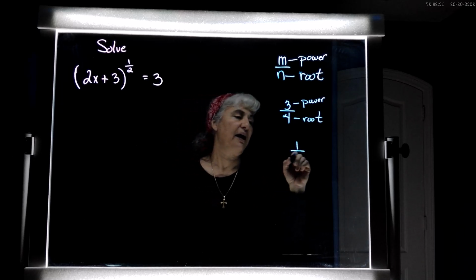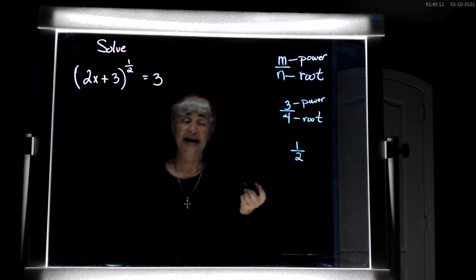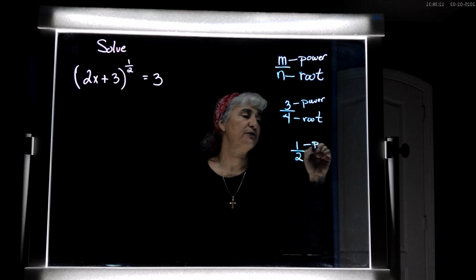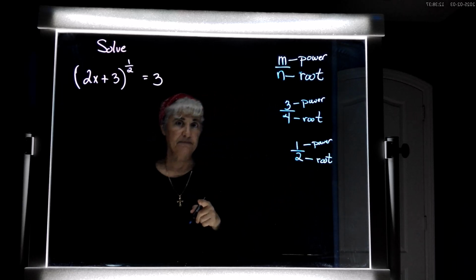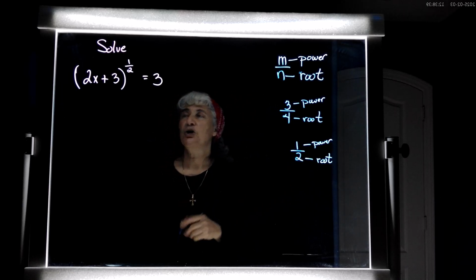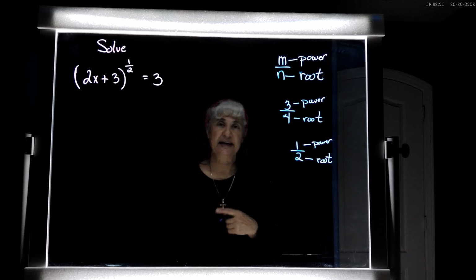In this case, I have the rational exponent of 1/2, which means I have the first power and the second root, or the square root. Got it? Okay. Gratefully, we actually know how to handle these.